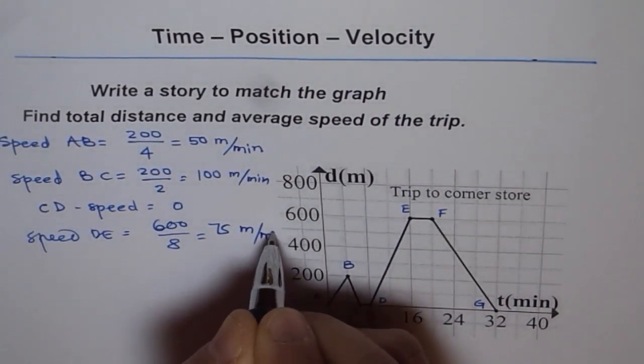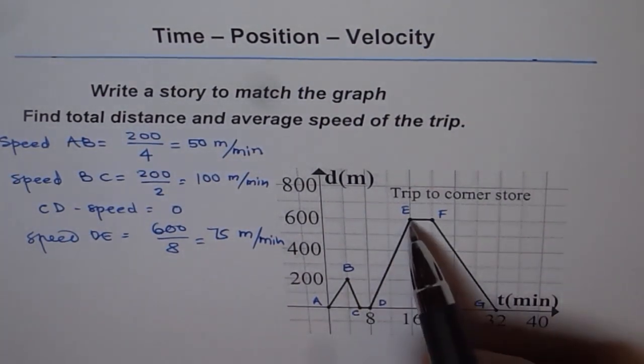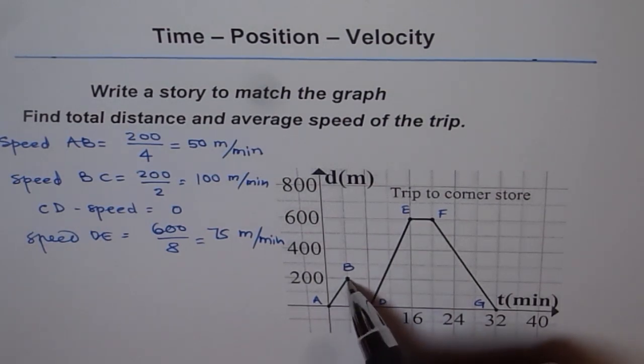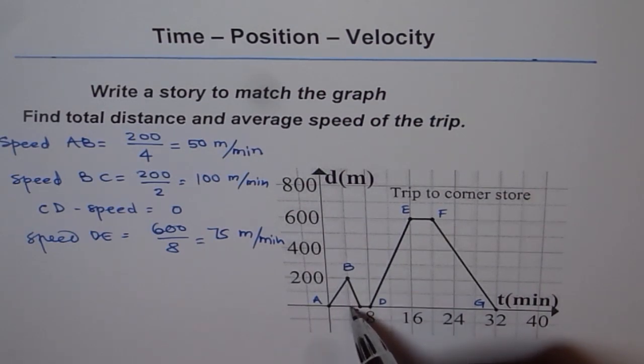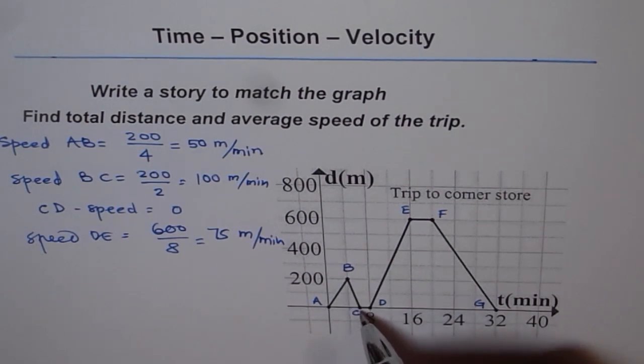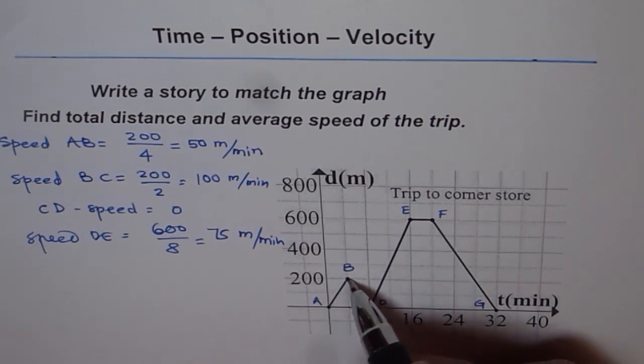meters per minute, right? So we can continue with the story that Tom started from home at a steady speed of 50 meters per minute, covered a distance of 200 meters in the first 4 minutes, and then realized that there was no money with him, so returned back home with a speed of 100 meters per minute, covering the same distance of 200 meters in just 2 minutes.